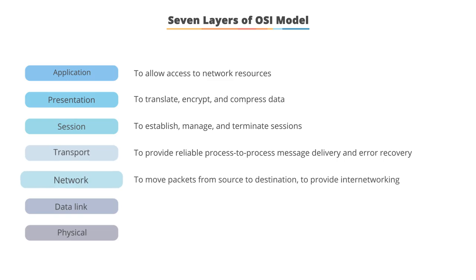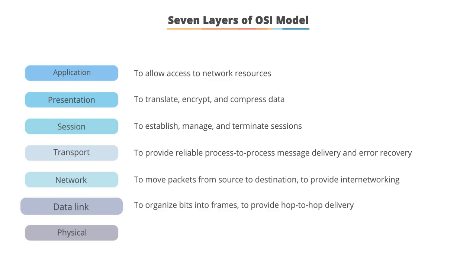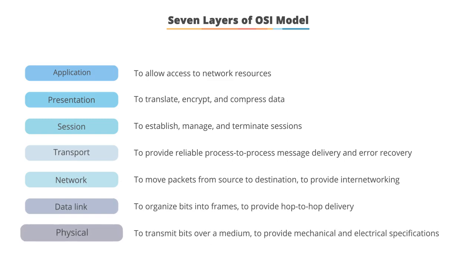Network moves packets from source to destination, provides inter-networking. Data link layer to organize bits into frames to provide hop-to-hop delivery. And finally, the physical layer is used to transmit bits over a medium to provide mechanical and electrical specifications.